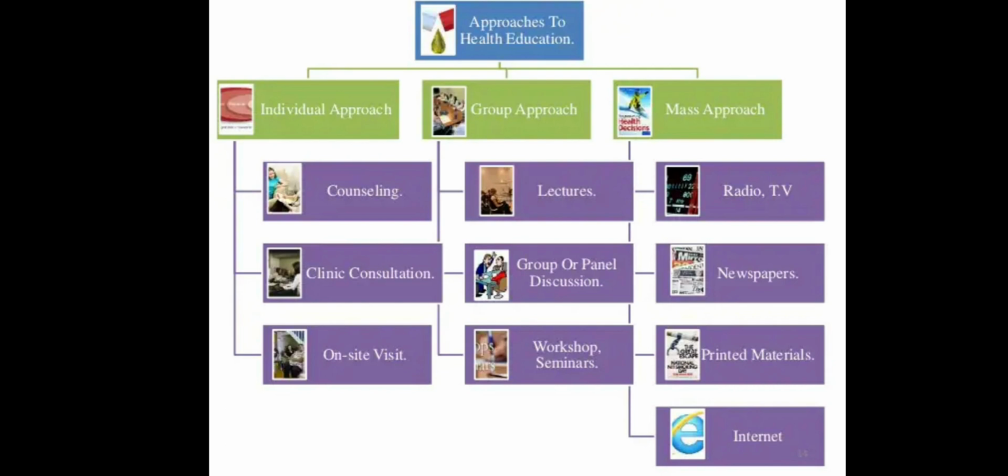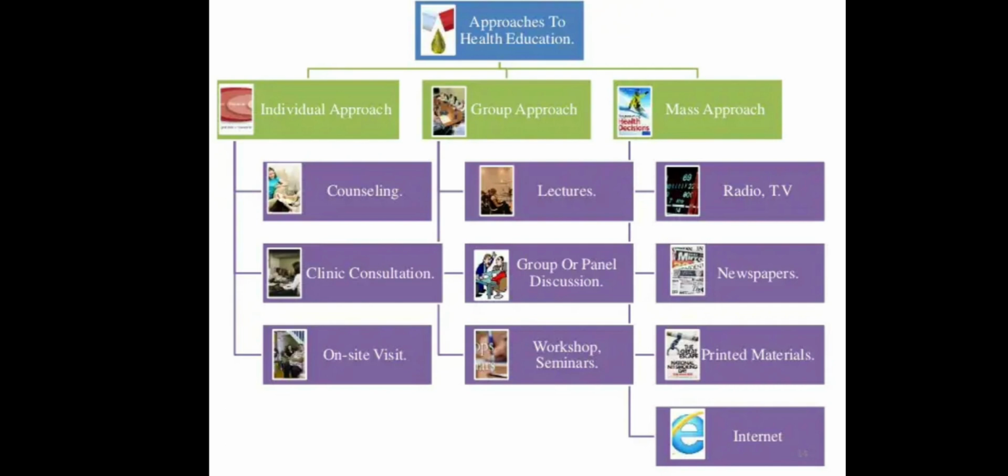For newspaper and printed materials, you can have it as information. And for the internet, you can post it if you want to share and give ideas about health education. So that was the division of the three approaches of health education, from individual approach to group approach, and lastly to mass approach.